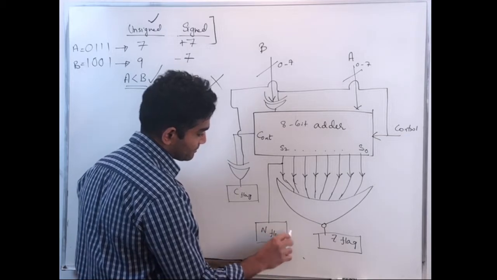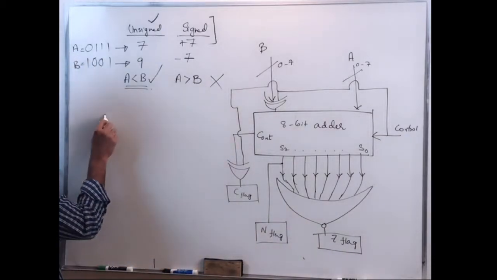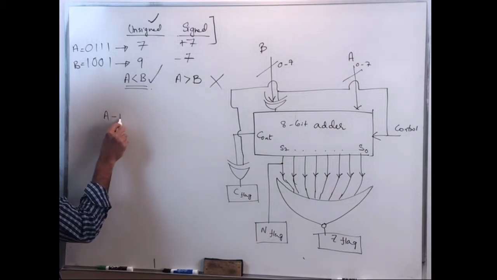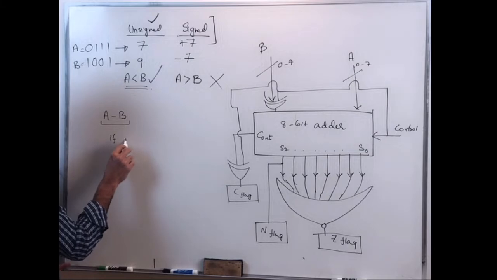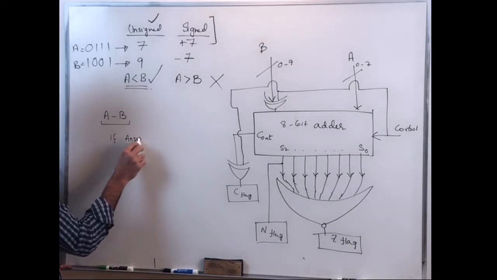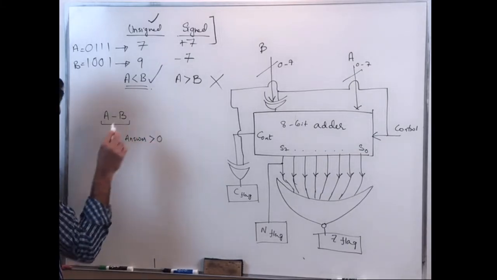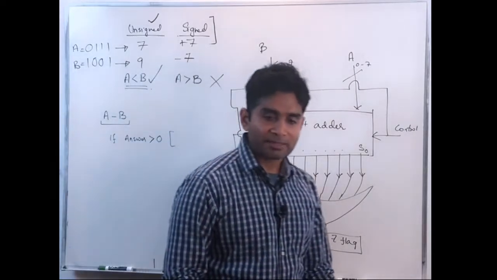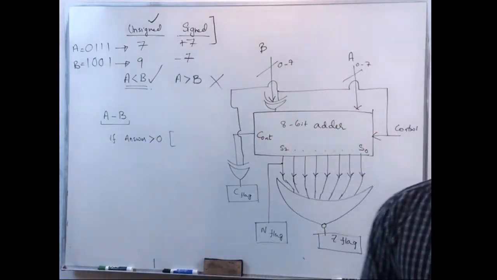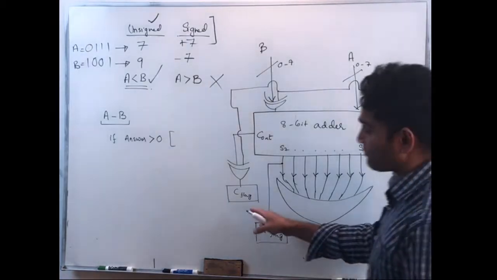So the idea is, if I'm doing an A minus B operation and the answer is larger than 0, meaning it has to be a positive answer, then my N flag should be 0.